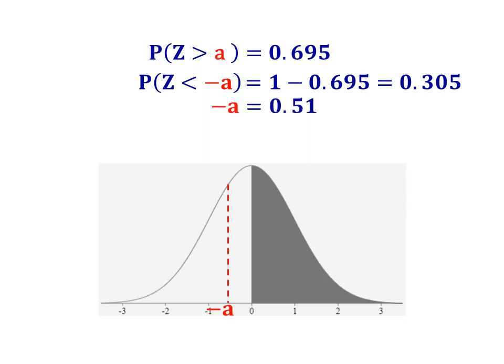So when we find the value of Z from the standard normal table and the probability is 0.305, we find that the value of Z is 0.51. But because A is negative, therefore A is equal to negative 0.51.